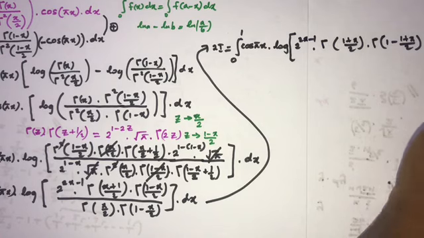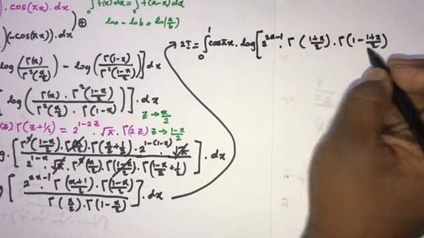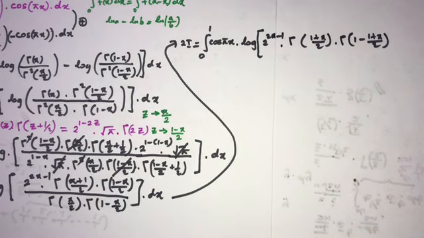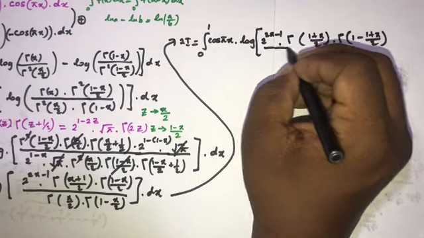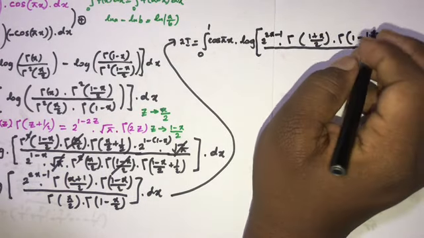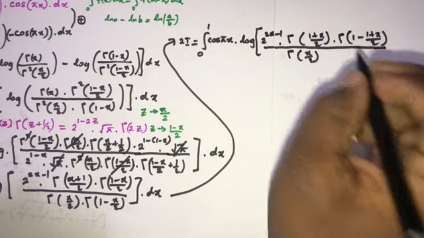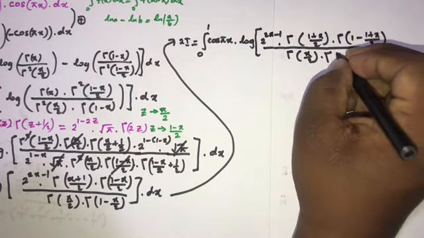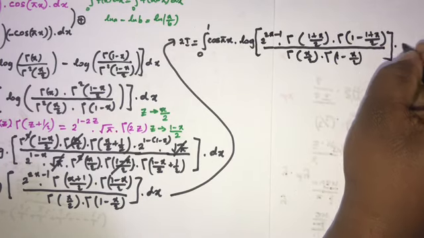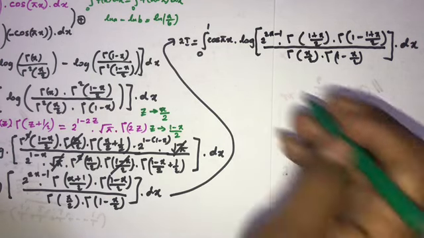Okay, I arrange this part because I'm going to use Euler's reflection formula. Then here in the denominator we will have gamma of x over 2, gamma of 1 minus x over 2, here dx.